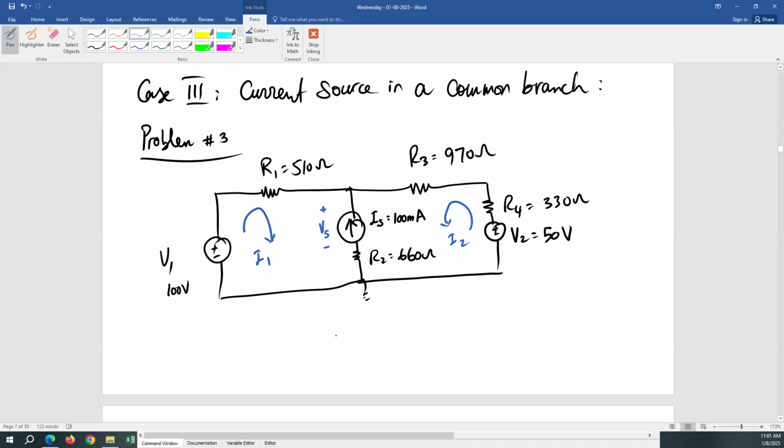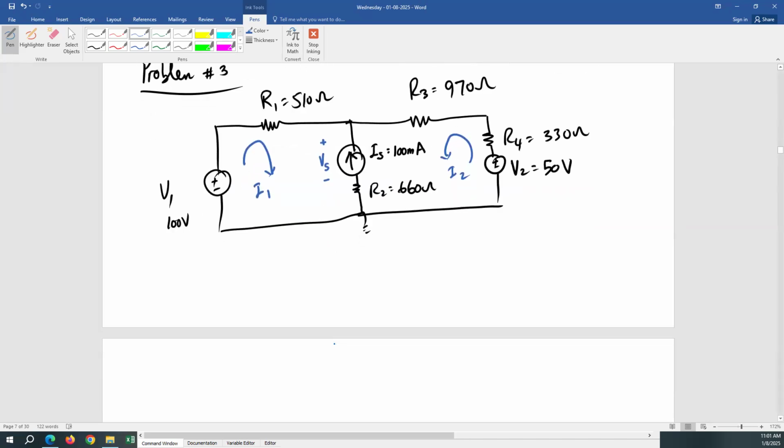Now, when you write down the KVL for loop 1, what will be your equation for loop 1?